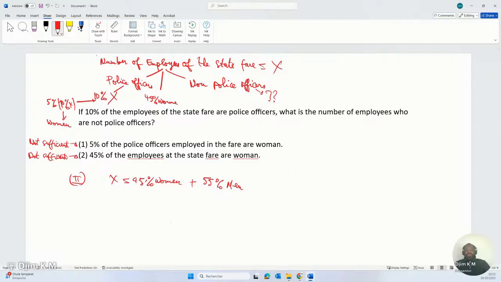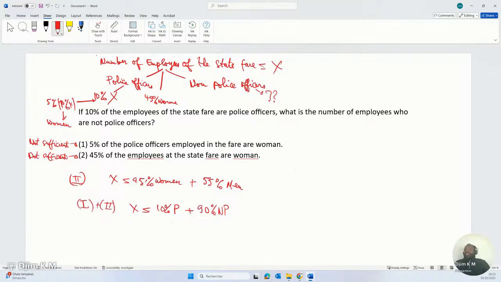Okay, so now if we try to combine the two pieces of information, we are still not going to be able to determine who are not the police officers. Because from the first, we have this 10% police plus 95% not police.